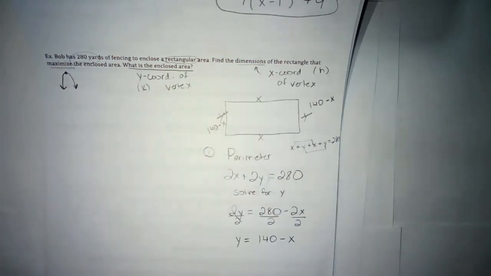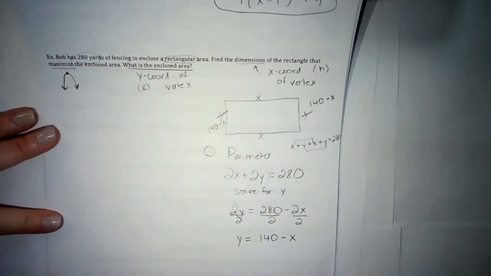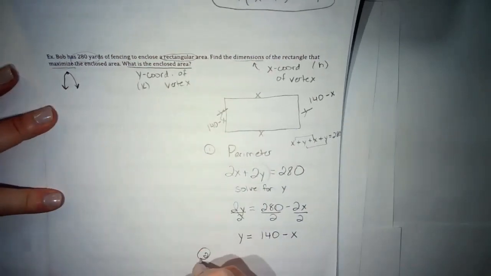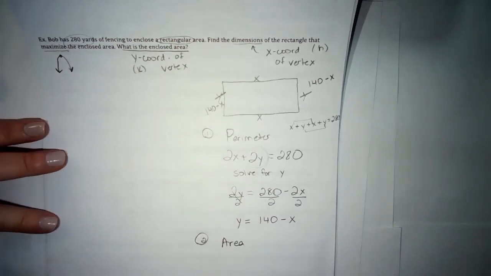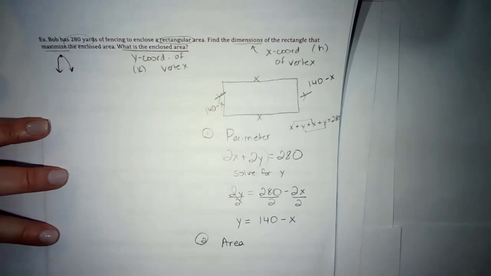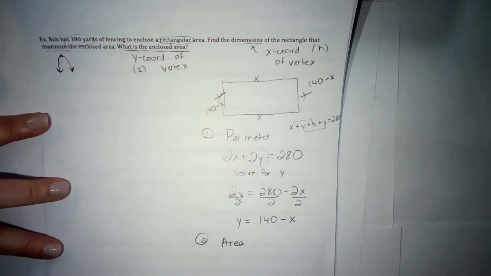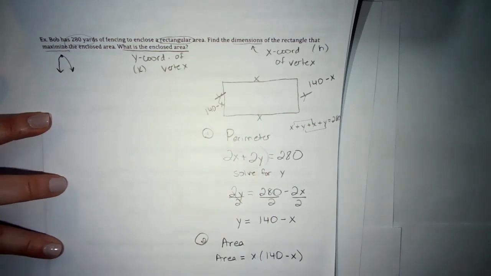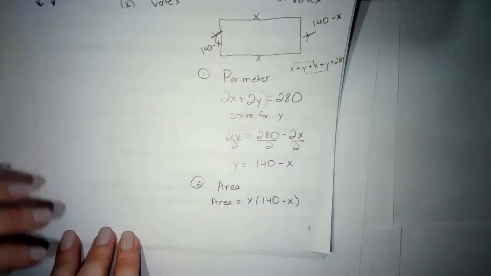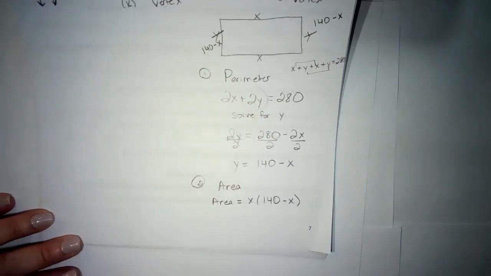Now we have our sides in terms of X. So now we're going to find our area. We already said that the area of a rectangle is length times width, right? So our area is going to be X times 140 minus X. We're just trying to get our equation, okay?